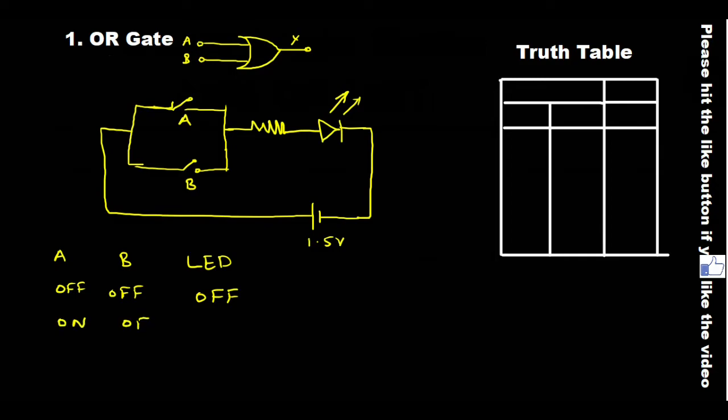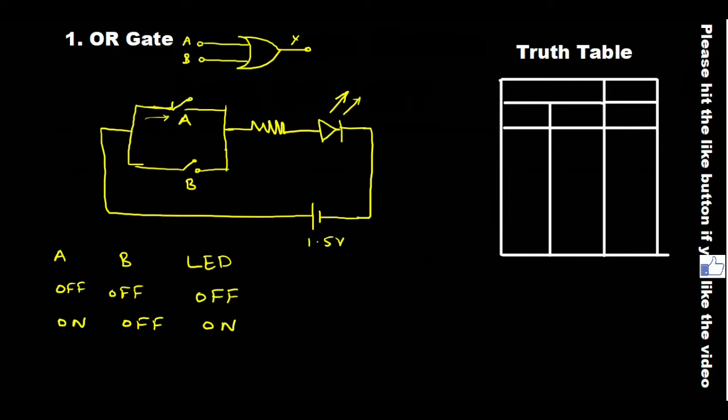Now what happens? The current will flow from the 1.5 volt through this switch A and it will flow through this LED. Circuit completes and the LED gets on.